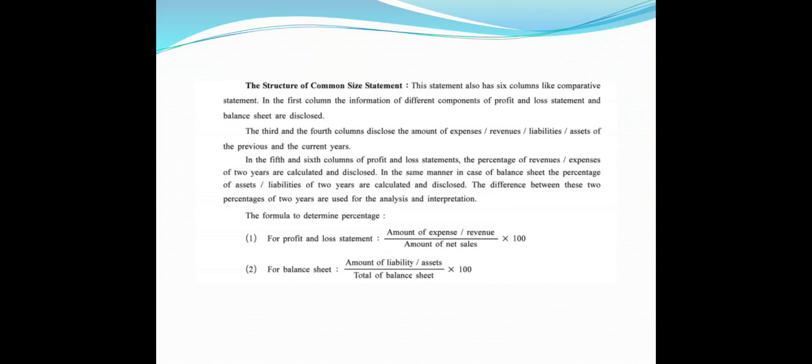In the same manner, in the case of balance sheet, the percentage of assets and liabilities of 2 years are calculated and disclosed. The difference between these two percentages of 2 years is used for analysis and interpretation. The formula for profit and loss statement: amount of expenses or revenue divided by amount of sales into 100, and for balance sheet, amount of liability or asset divided by total of balance sheet into 100.